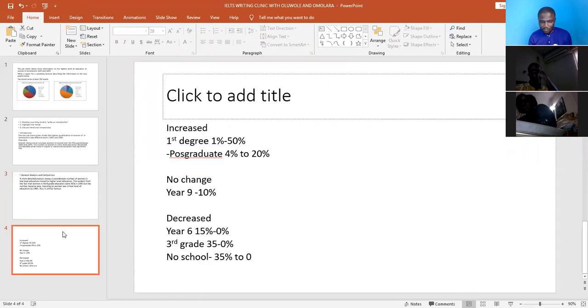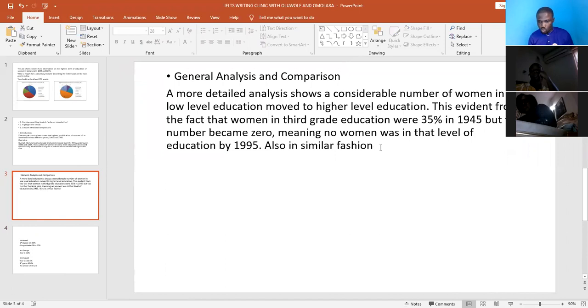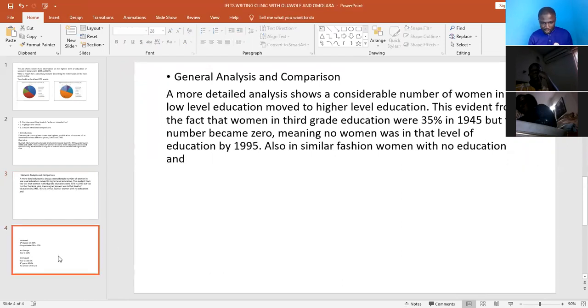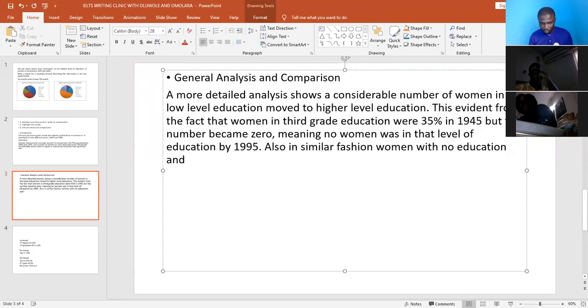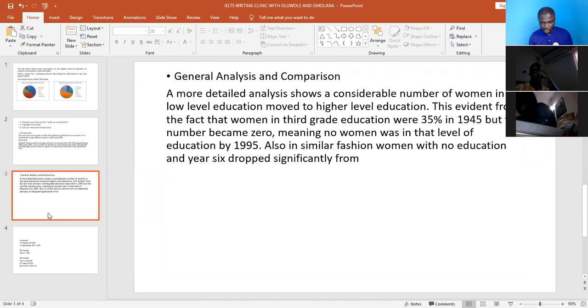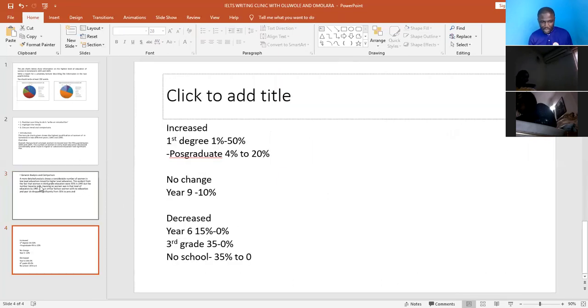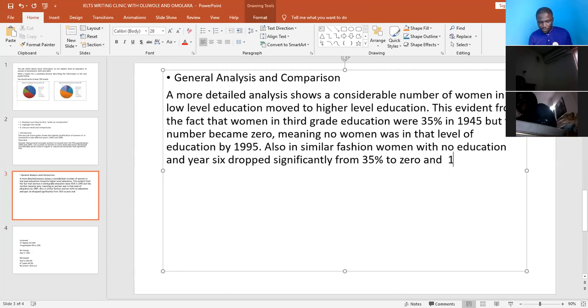Also, in similar fashion, women with no education and year 6 dropped significantly from 35% to 0%, from, okay, with no education, 35% to zero, okay, I don't need to put 0% here, and 15% to 0, respectively.